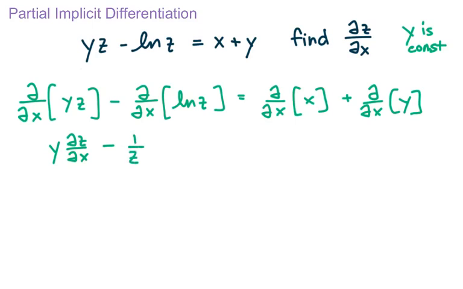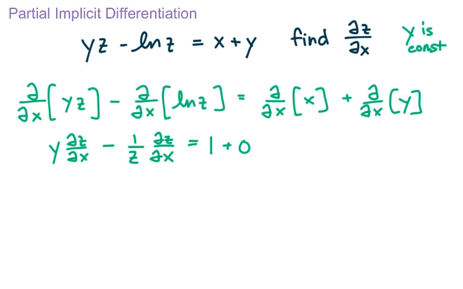And again, I took the derivative of the dependent variable, so I'm going to write dz dx. The derivative with respect to x of x is 1. And the derivative with respect to x of a constant, right here, that's going to be 0.